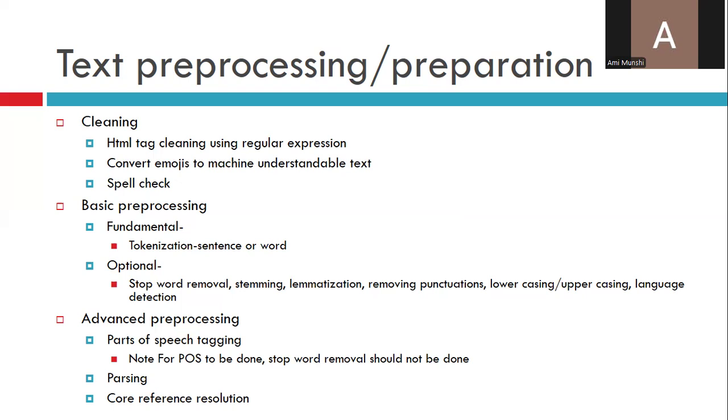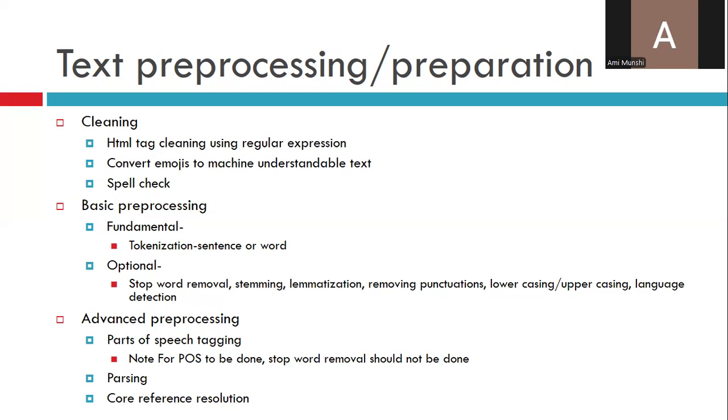Also sometimes if you have links in your data and you want to remove the HTML tags, we can take help of regular expressions, the regex library in Python. Nowadays, we use emojis and slang language while writing messages on WhatsApp, sometimes even in email. So if we want to convert these emojis so that the machine can understand, that has to be done. That is also a part of cleaning. Spell check is also a part of cleaning.